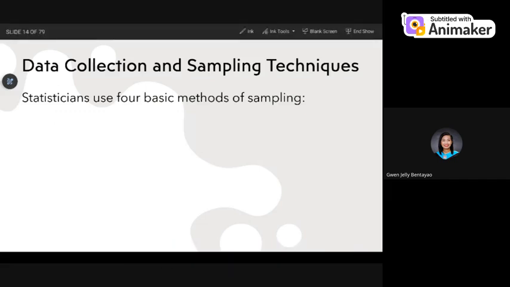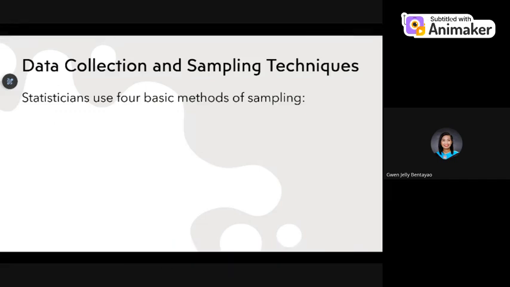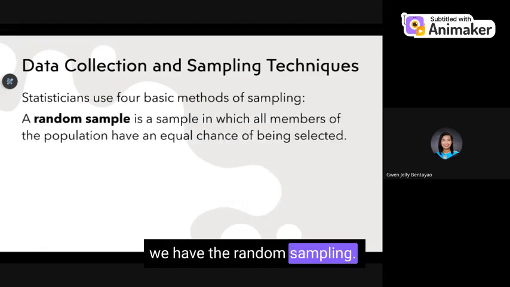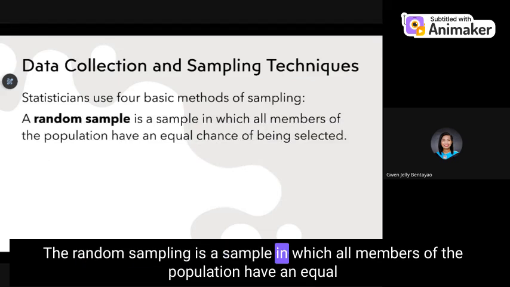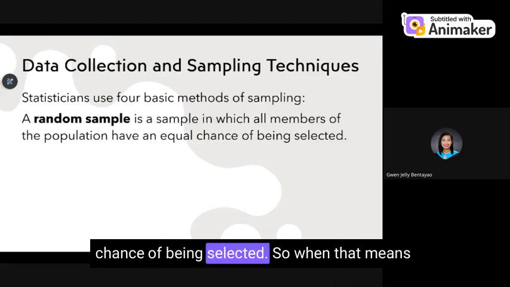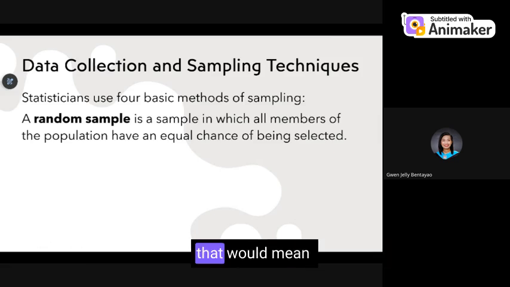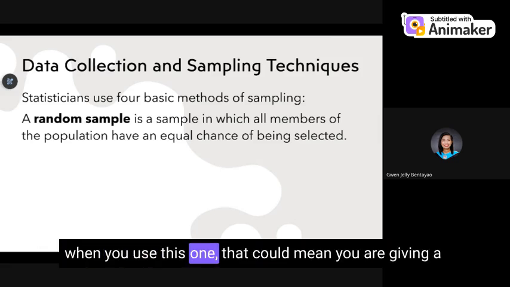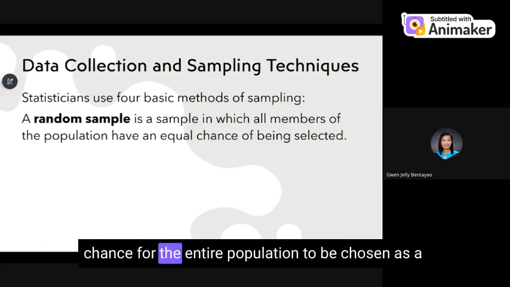First, we have random sampling. Random sampling is a sample in which all members of a population have an equal chance of being selected. That would mean you are giving an equal chance for the entire population to be chosen as a sample.